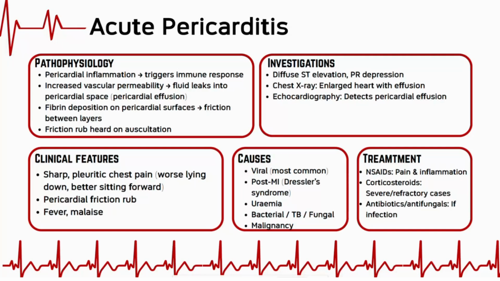Generally, you need four things to diagnose somebody with acute pericarditis. First, that characteristic chest pain: very sharp, retrosternal, pleuritic pain, relieved by sitting forwards or worsened by lying flat.